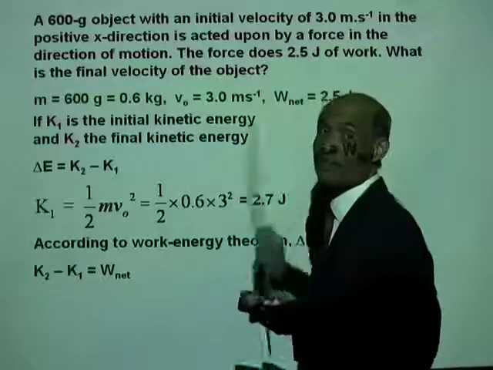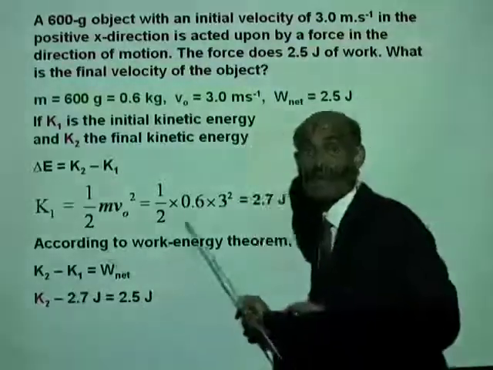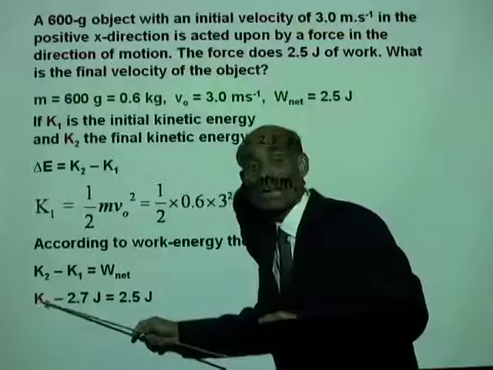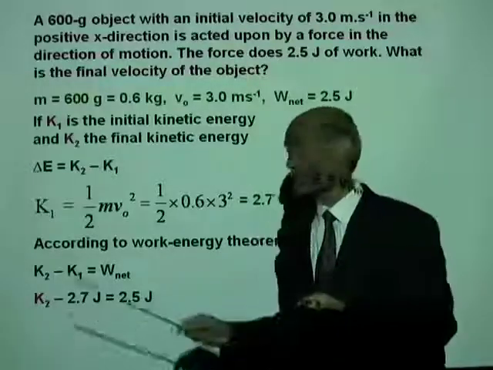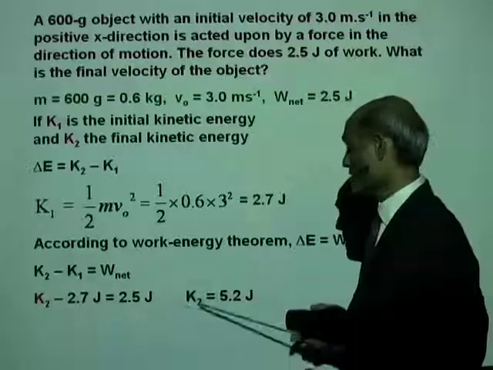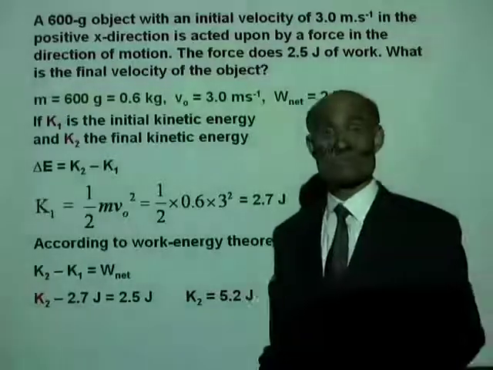It is 2.5 joules. K1 is 2.7 joules, therefore K2 minus K1 is 2.5 joules, and that gives you your final kinetic energy. Therefore K2 equals 5.2 joules.